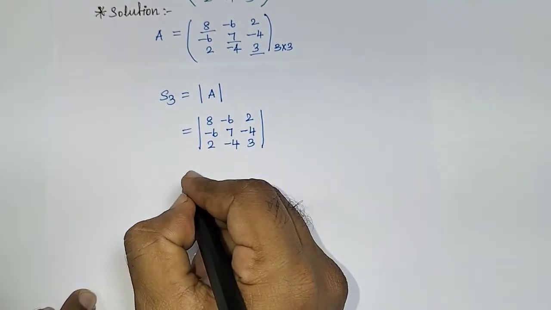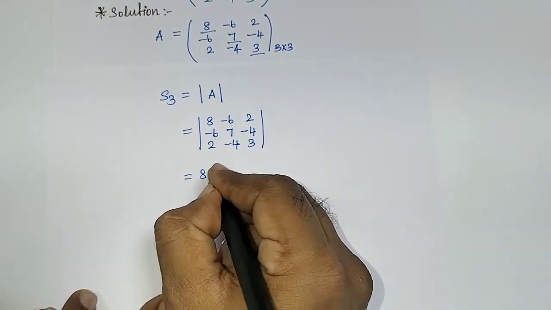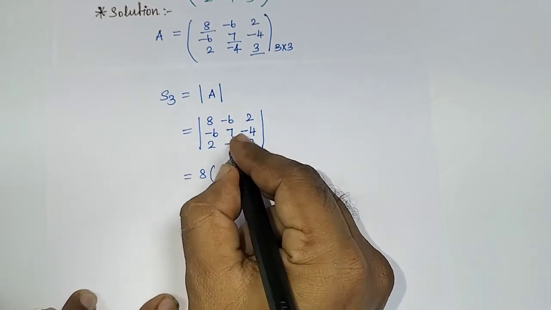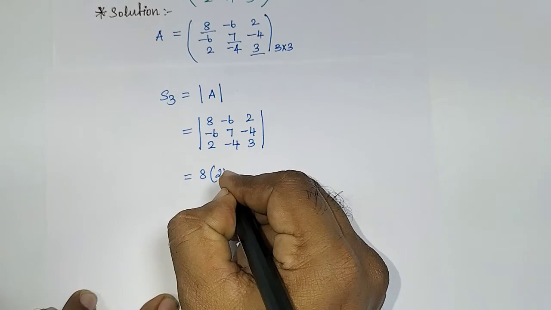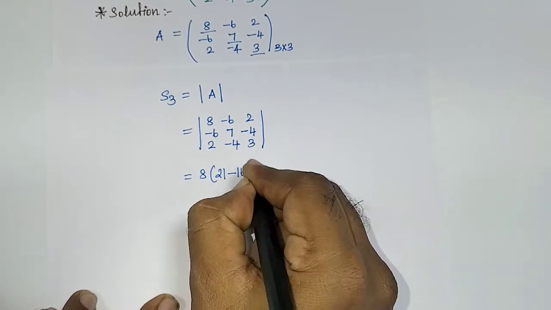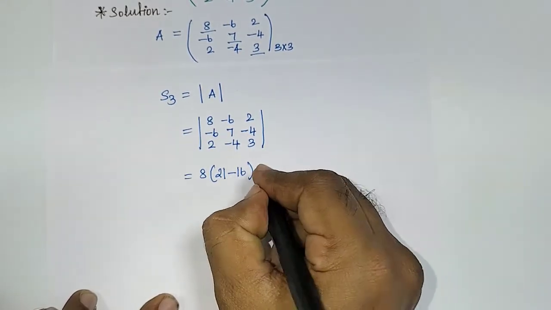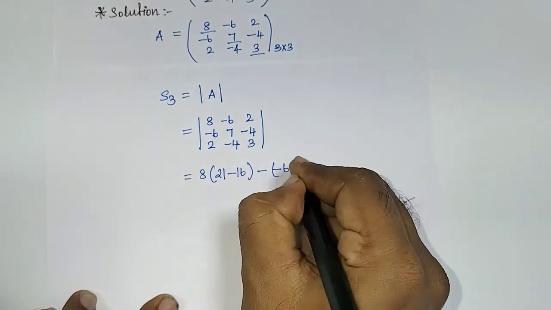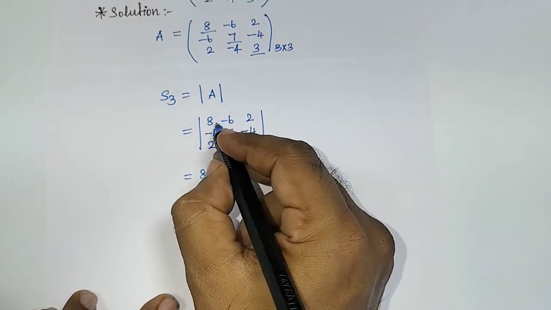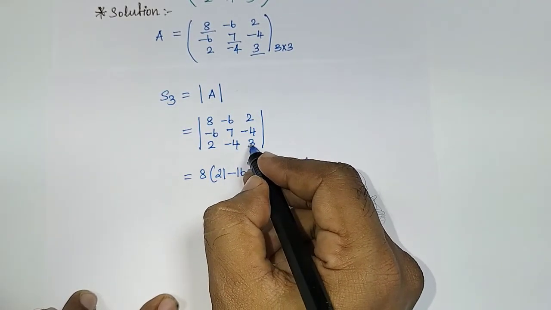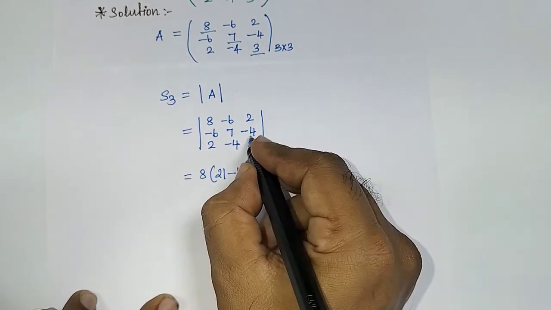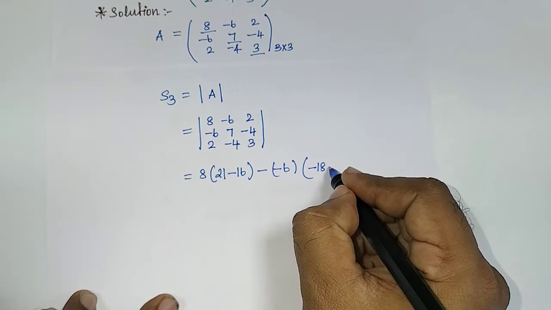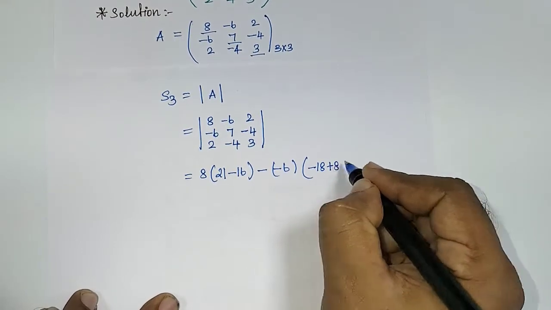Now apply the determinant rule. 8 times: omit this row and this column, remaining cross multiply, 7 into 3 is 21 minus 16, 4 into 4. Minus of minus 6: omit this row and column, minus 6 into 3 is minus 18, 2 into minus 4 is minus 8; minus into minus is plus, so minus 18 plus 8.